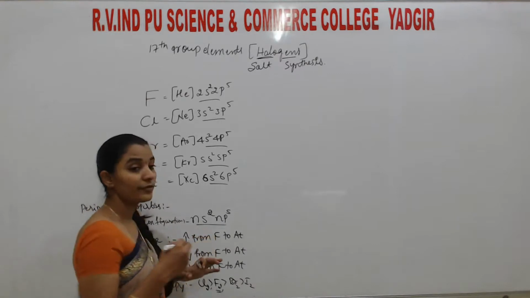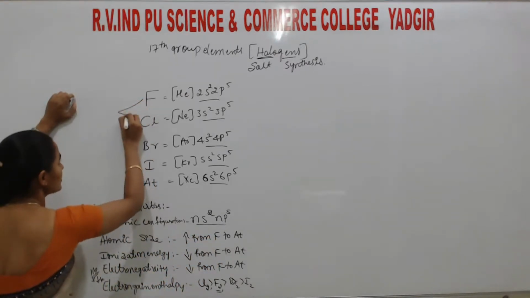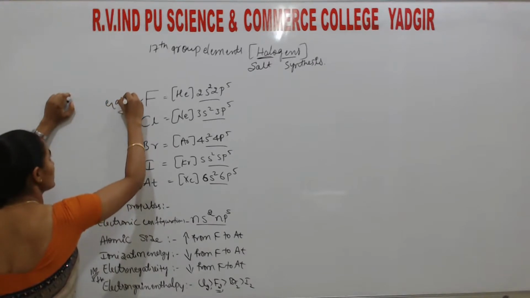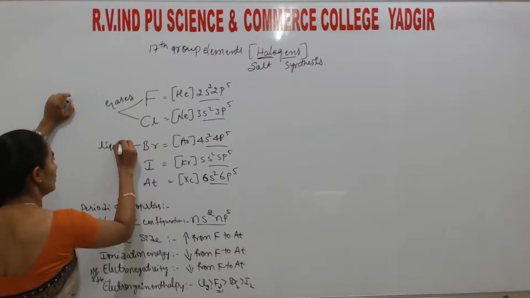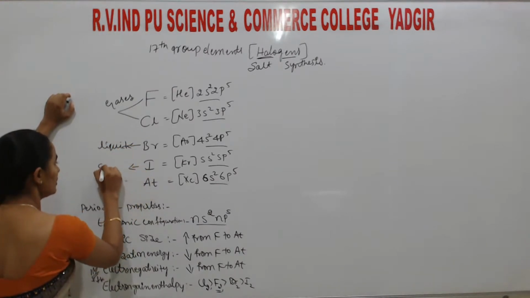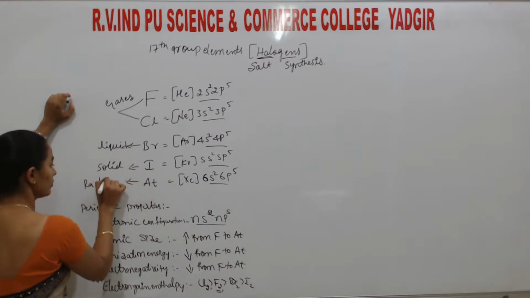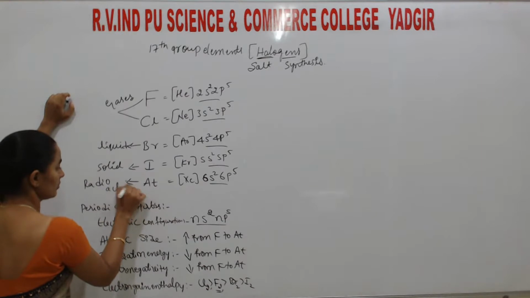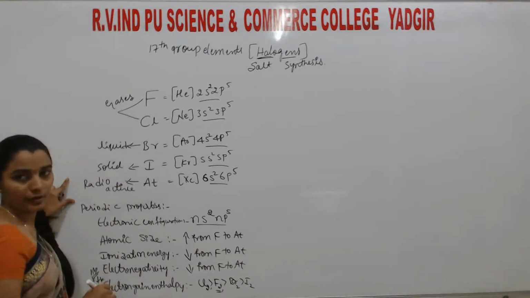Next, if we consider physical properties, these two are gases, this one is liquid, this one is solid, and this one is radioactive. Gases, liquid, solid, and radioactive.